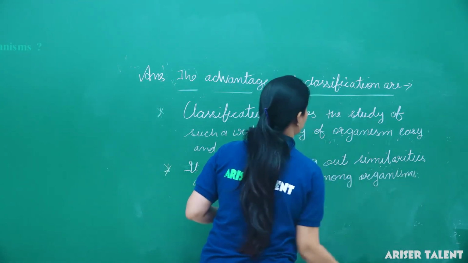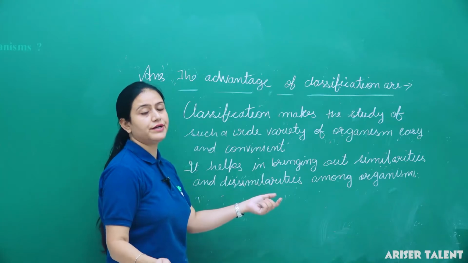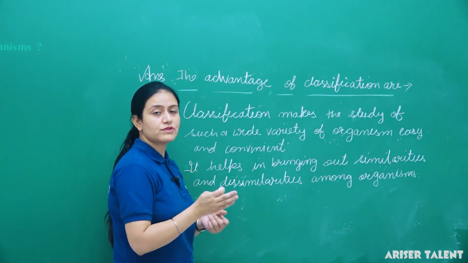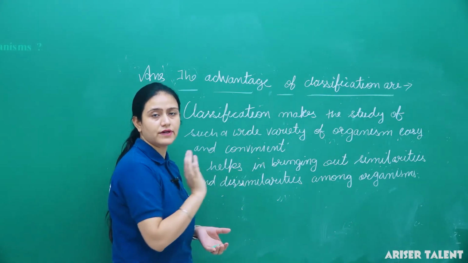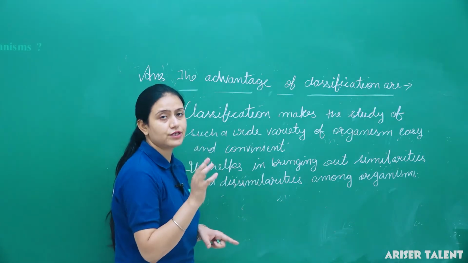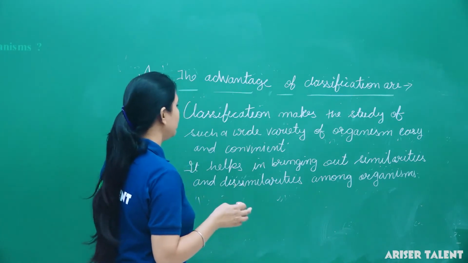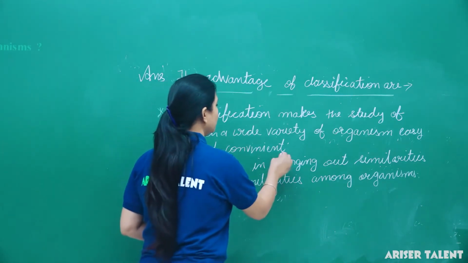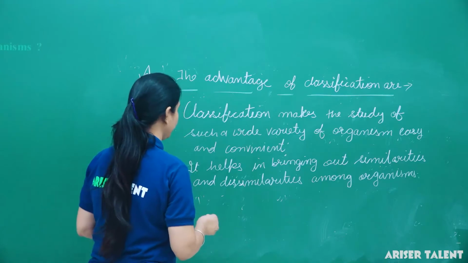Once we come to know about their similarities, the organisms which have similar characteristics are classified into one group, and those which have dissimilarities are classified into different groups. So it helps in bringing out similarities and dissimilarities among organisms.